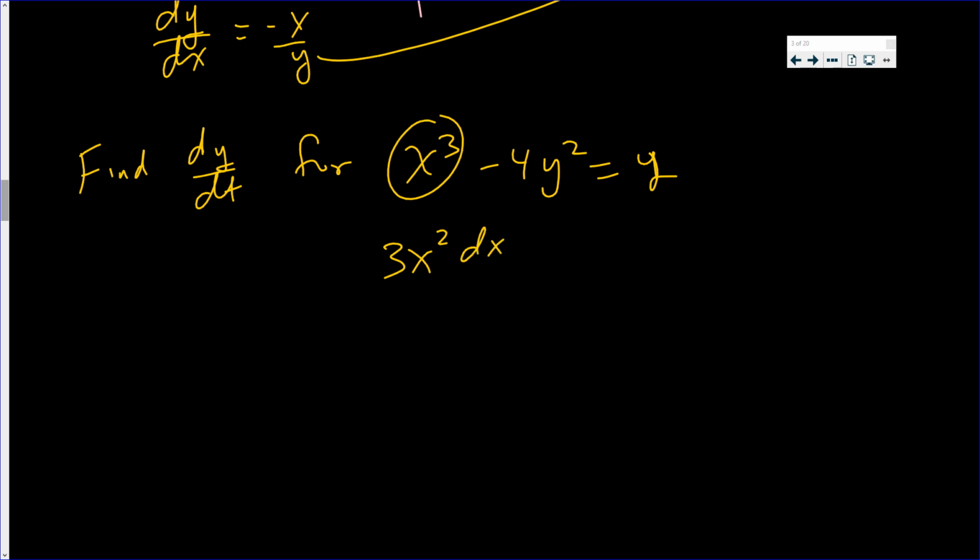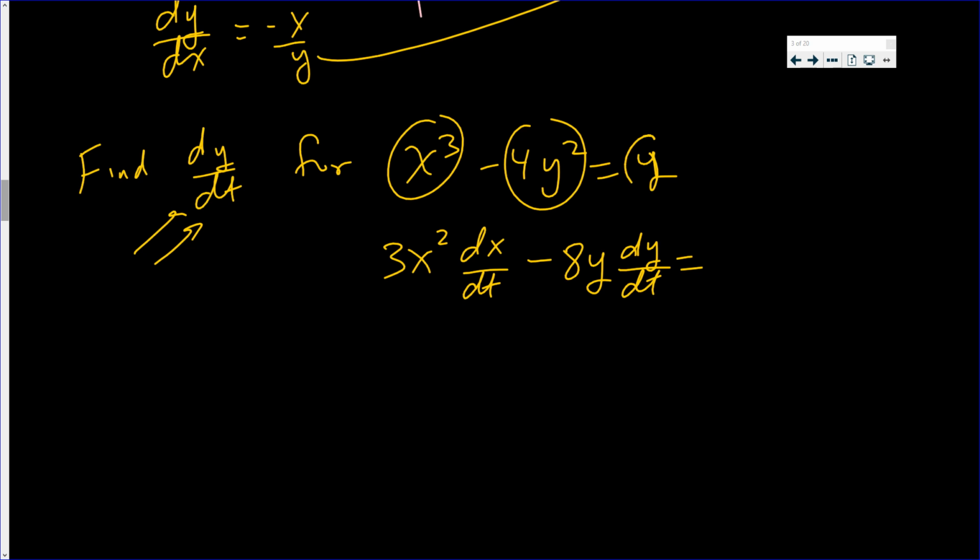It's in terms of x, and ooh, be careful. It says take the derivative with respect to t, minus that derivative, which is 8y. It's in terms of y with respect to t, equals the derivative of y is 1. It was in terms of y with respect to t.